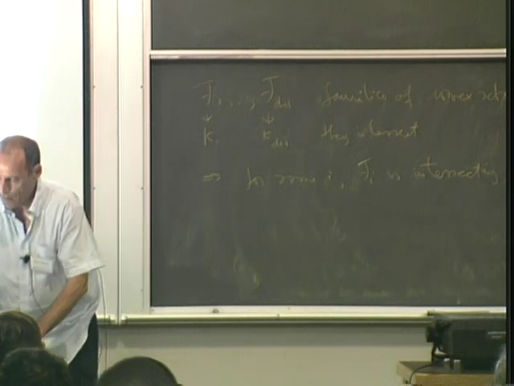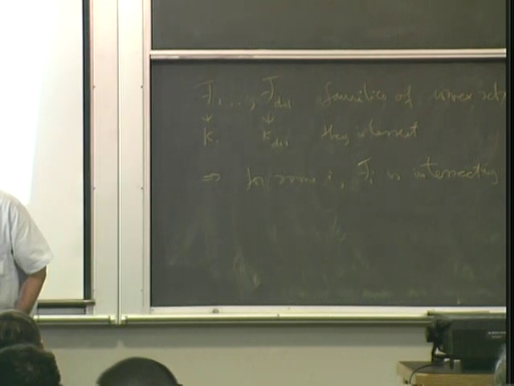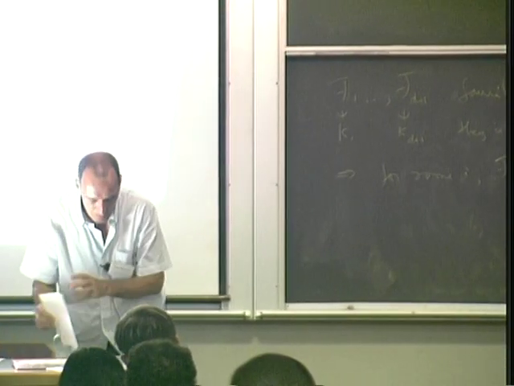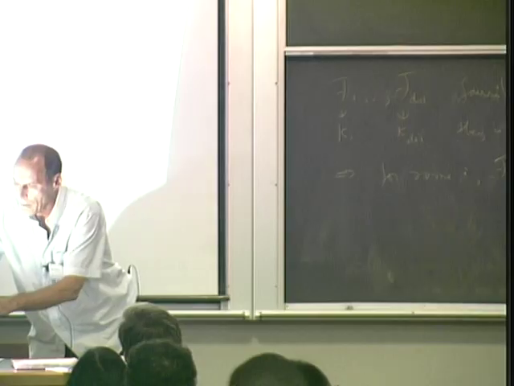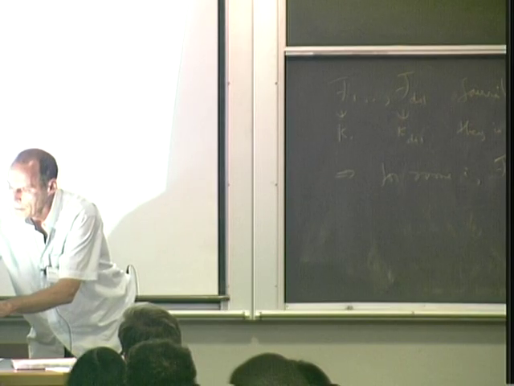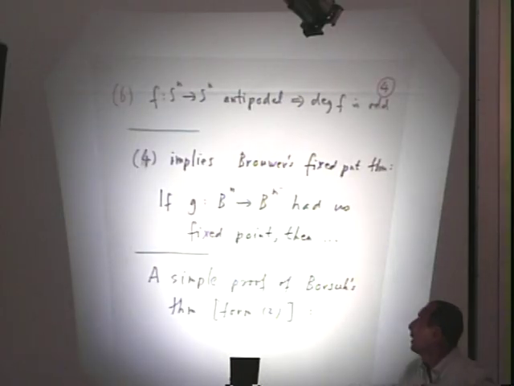Yes, here is one more form of the theorem, which is not much stronger than Borsuk's original theorem, saying that an antipodal map from Sn to Sn has odd degree.